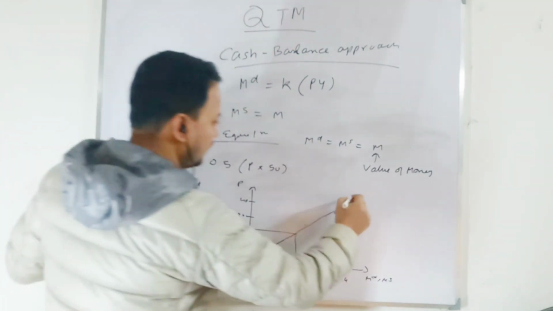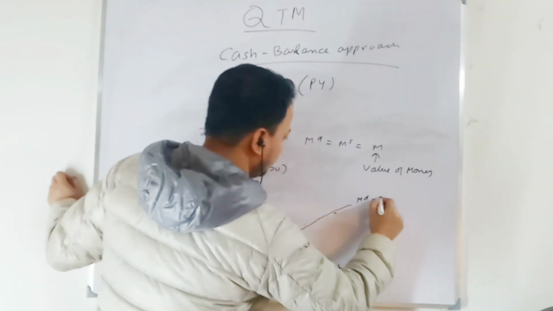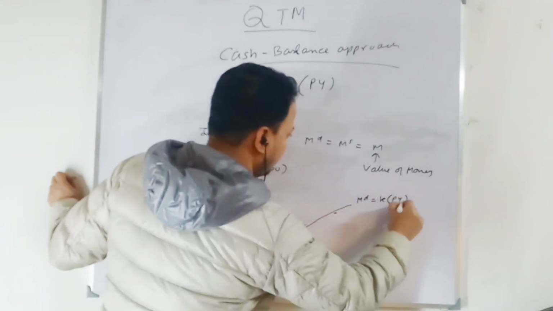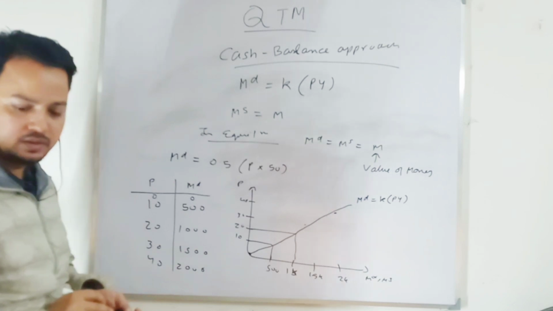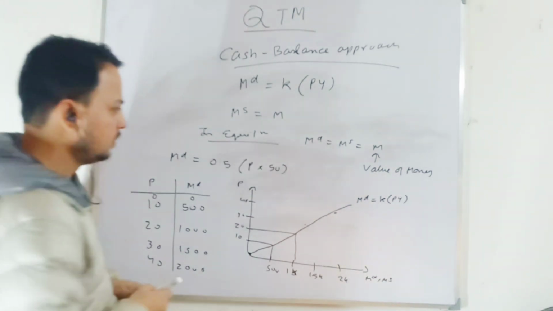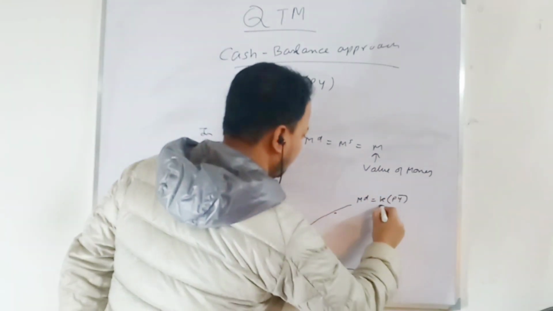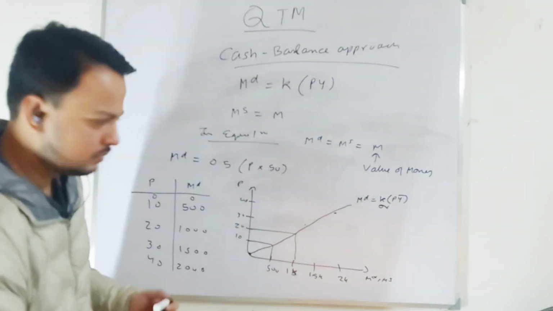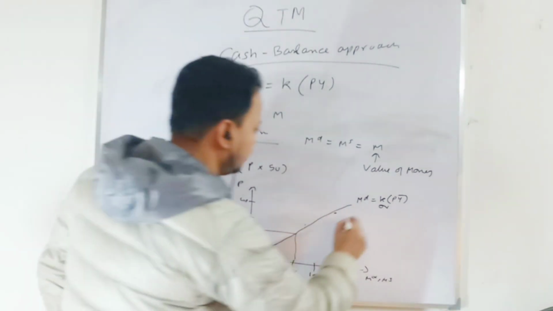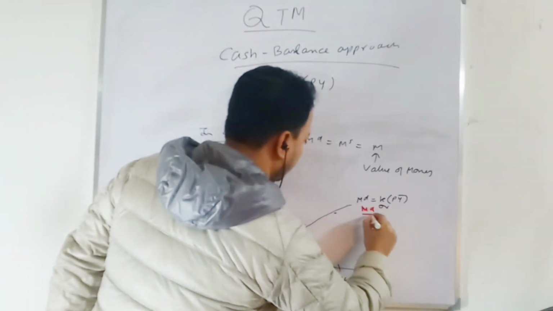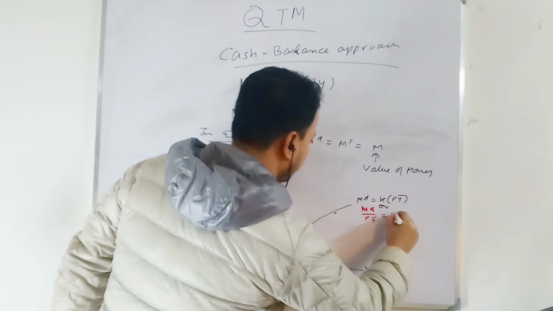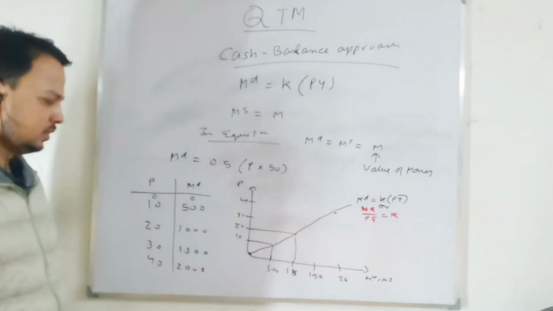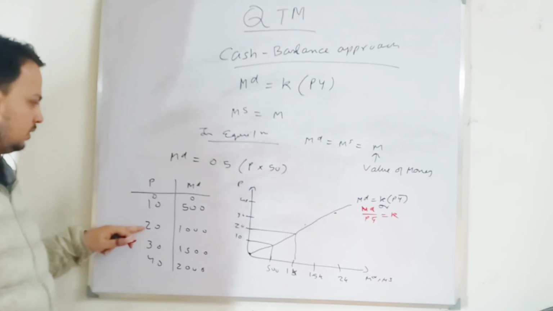This is money demand equal to KPY. I can write it like this, or for a given output level, MD over P is given by some proportion K. What is that proportion here? Just check it out.